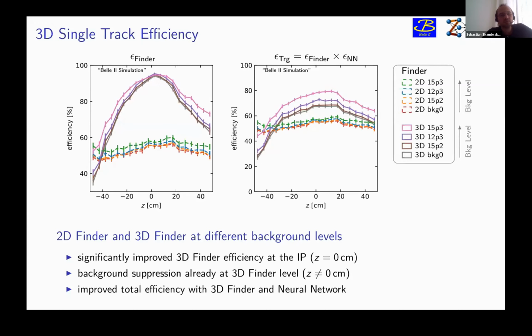Yes, this is what we would like to have as perfect background simulation. But in the end, for the training of the neural network, we are of course more interested in the efficiency for the signal and not in the efficiency for the background track. The background tracks have to be suppressed, and we want to save all the signals. So yeah, it's always a trade-off.